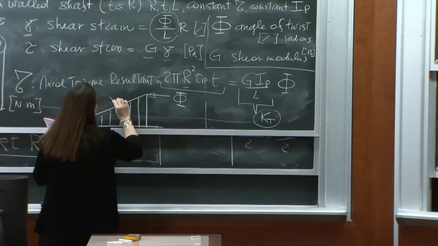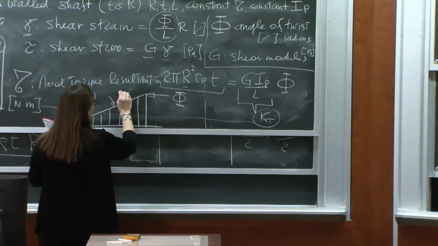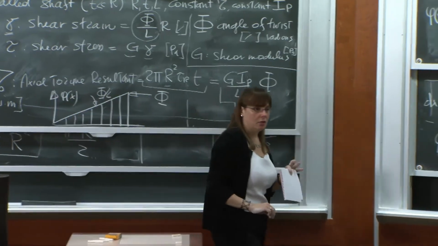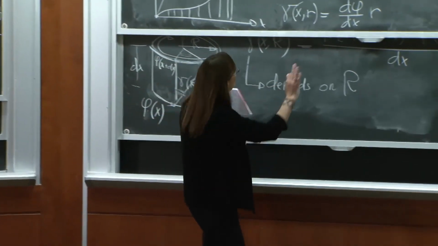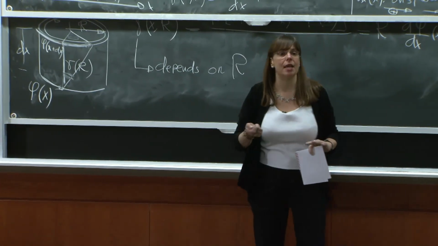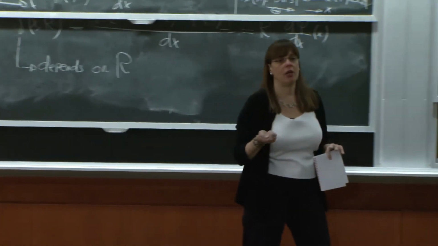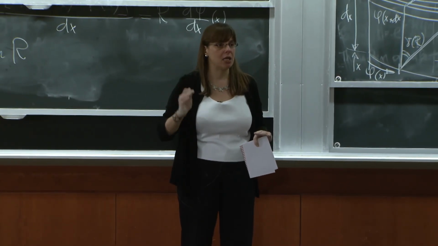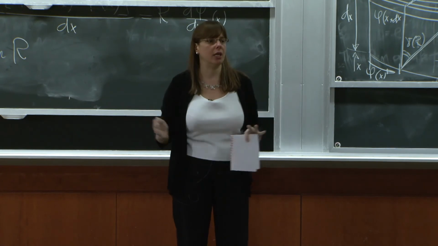The slope of this thing is phi over L. The same way as in axial loading, you can write epsilon equal to delta over L instead of writing du dx if everything is uniform along the length of the shaft.